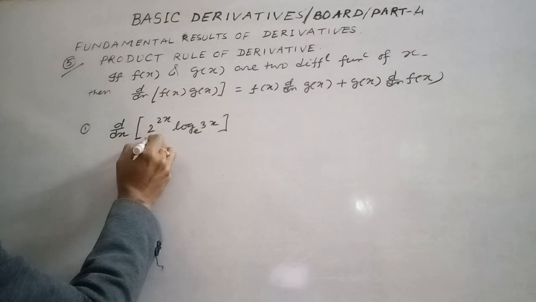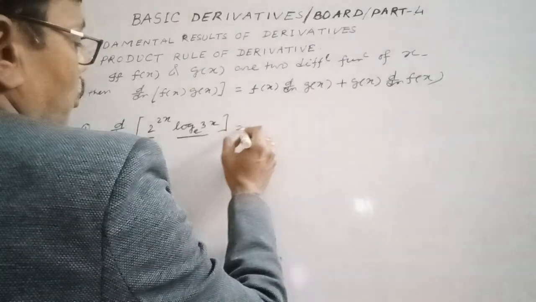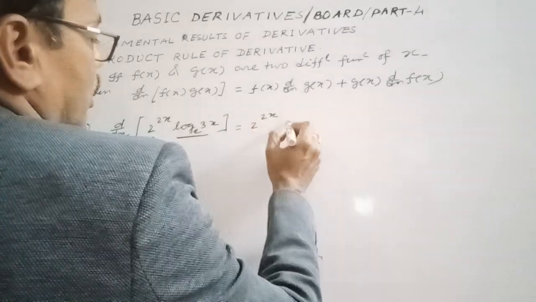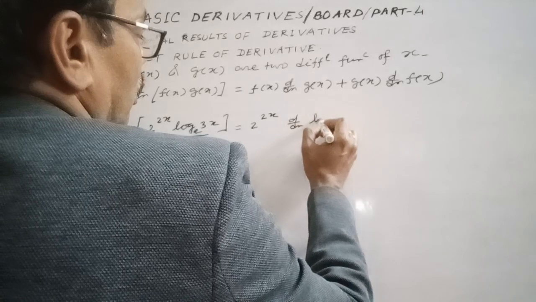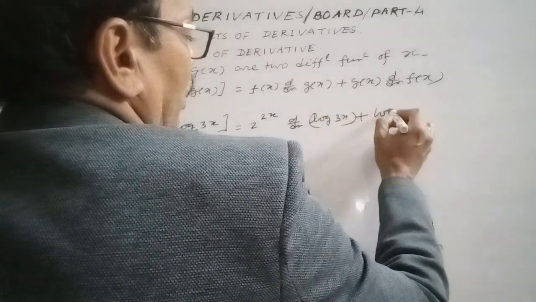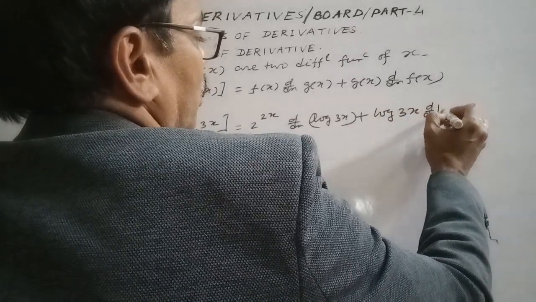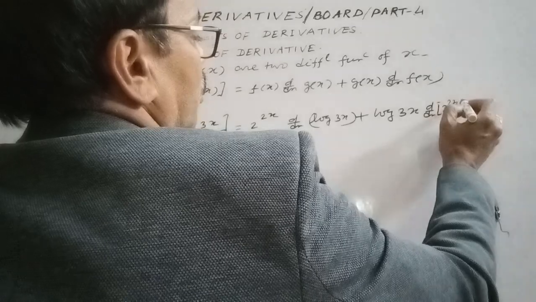So this is one function, this one is another function. So 2 to the power 2x unchanged, d/dx of log 3x, plus log 3x unchanged, d/dx of 2 to the power 2x.